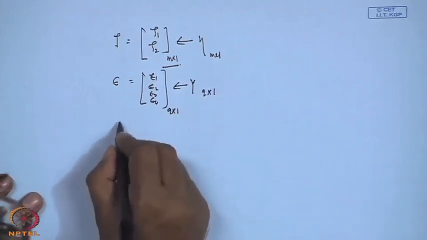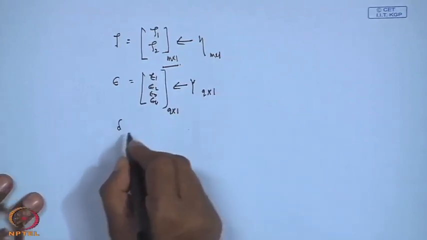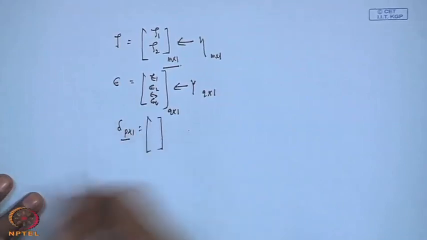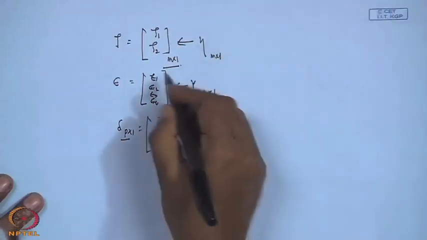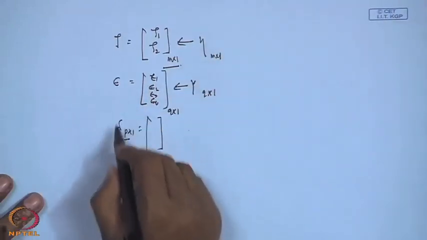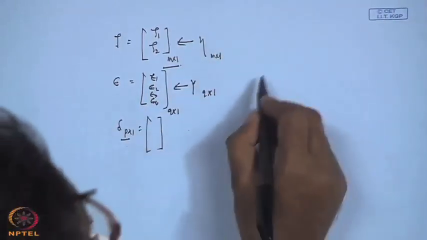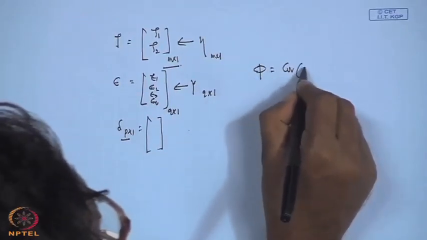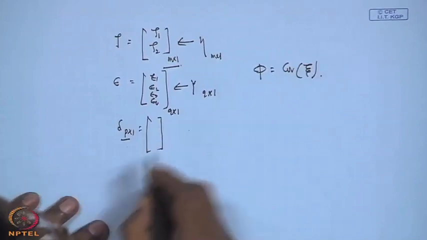Similarly, related to x, there is delta, that delta is your p cross 1 variable vector. And you have another parameter called phi, which is basically the covariance of this.